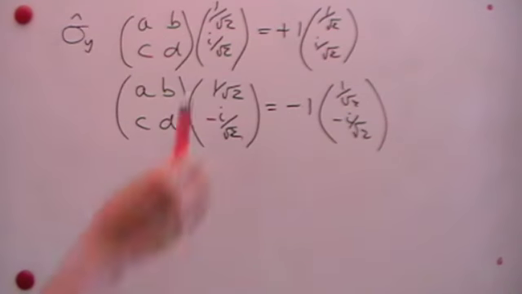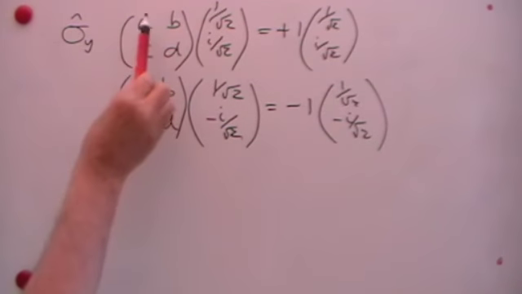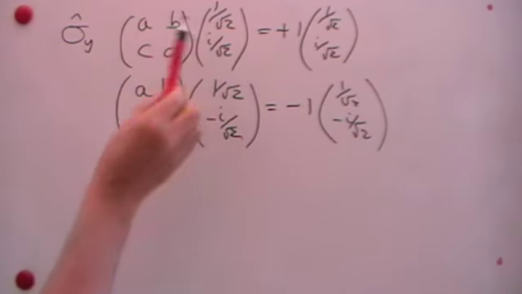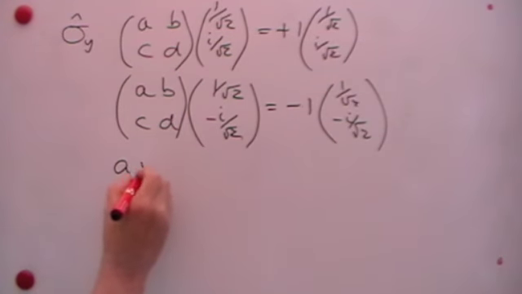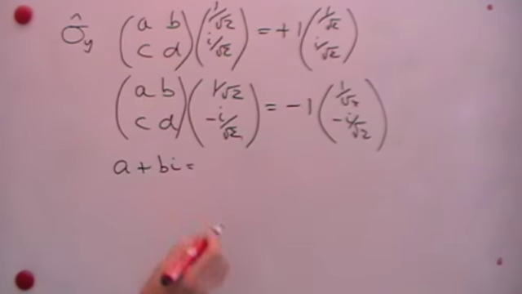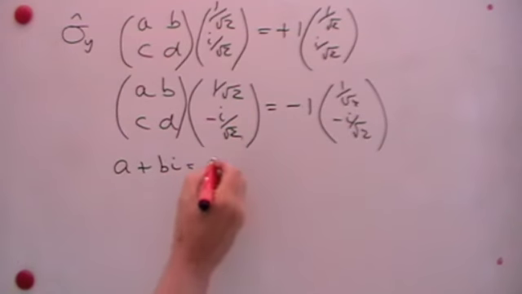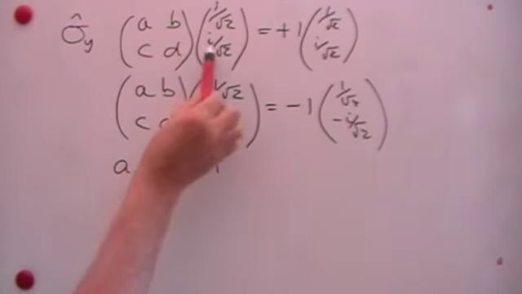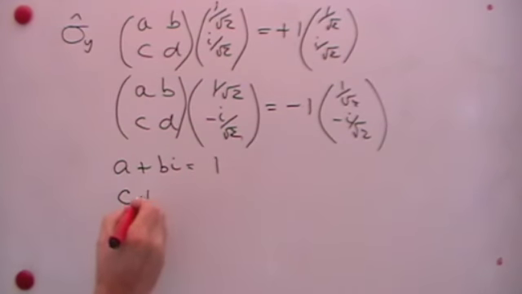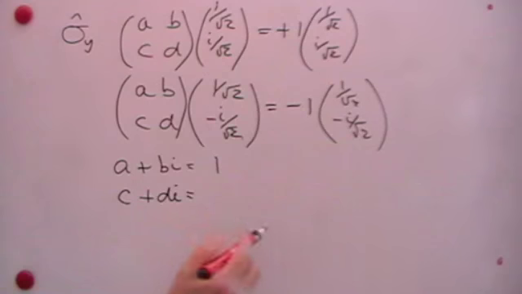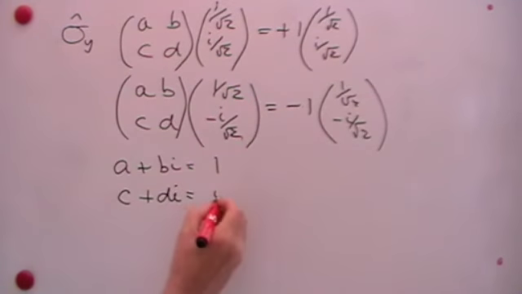Once again, all of these terms have got root 2's in them, so we can cancel those out, make life easier. Just looking at the numerator, a times 1 plus b times i, so that's a plus bi, is going to equal 1 times 1, which is 1. Here we've got c times 1 plus d times i, so that's c plus di, is going to equal 1 times i, which is i.